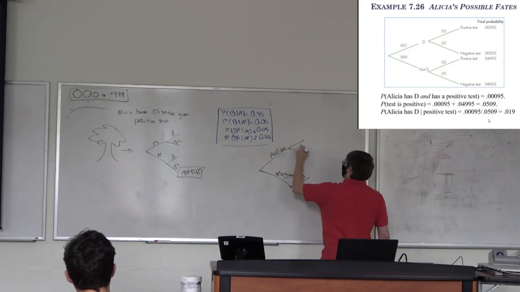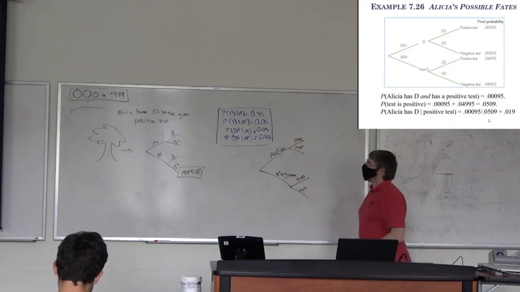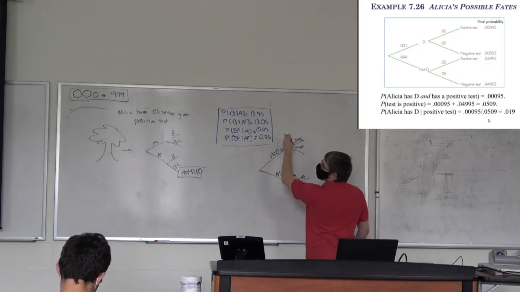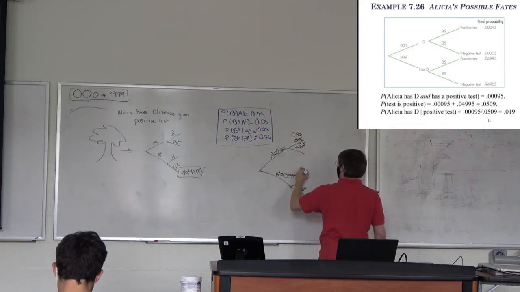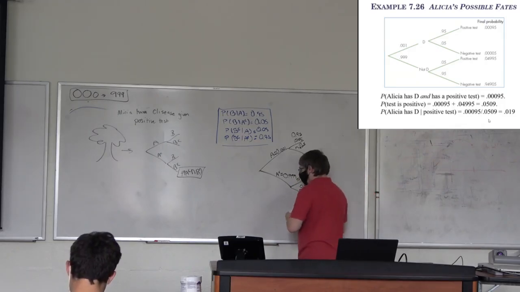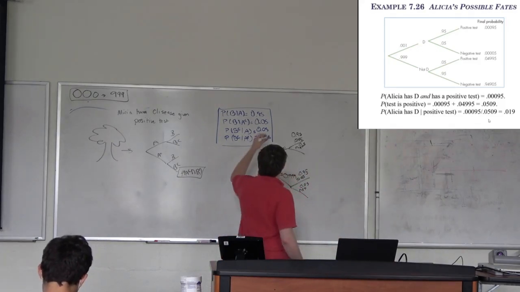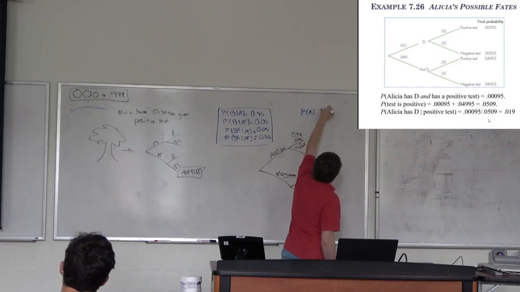A positive test or a negative test. And so in each of these cases, you know that this is the 0.95 case. And so the only types of information I've written down so far is just P of A and P of B.